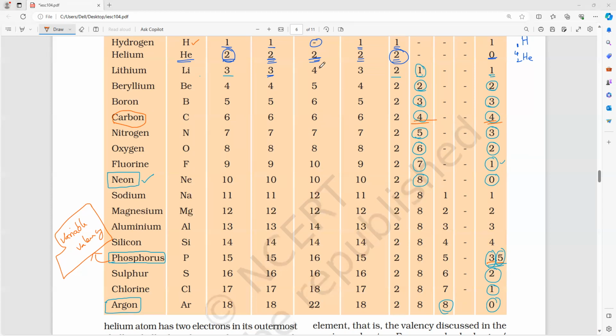Carbon is never 2 plus. Carbon's valency is always 4, because it will never donate and it will never receive. If 4 electrons are there in the valence shell, no accepting, no donating.